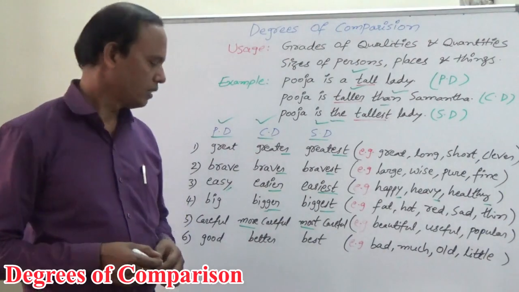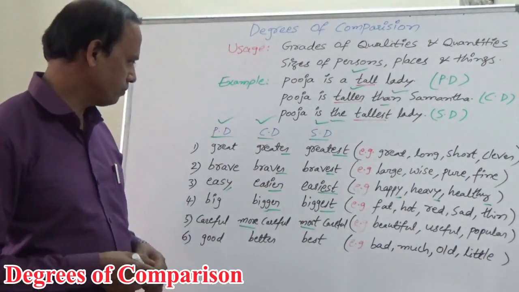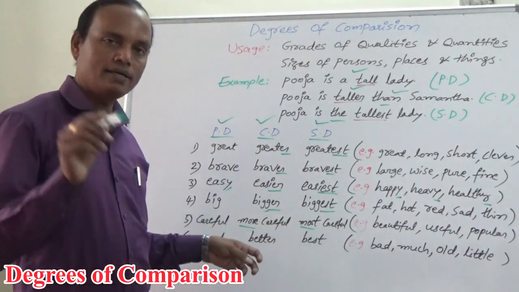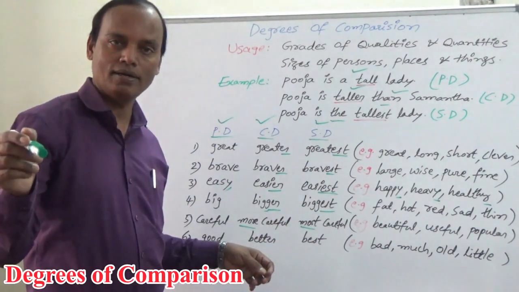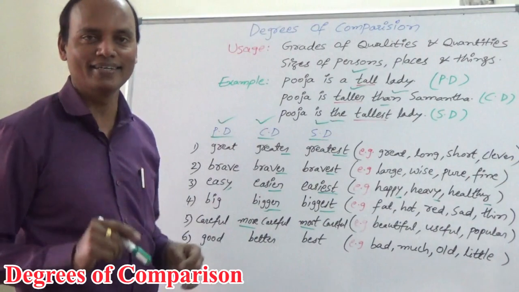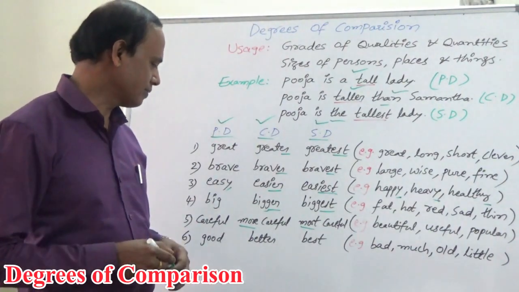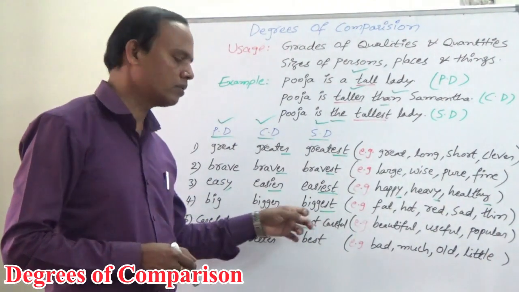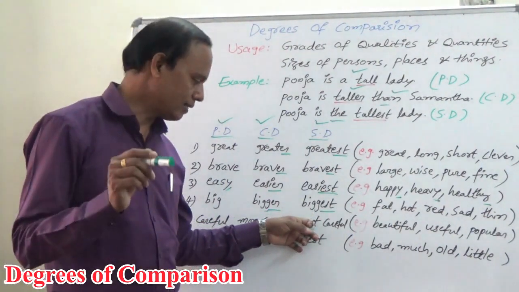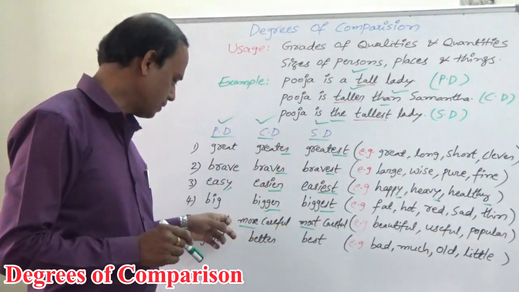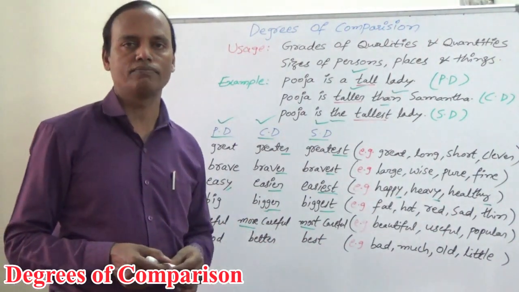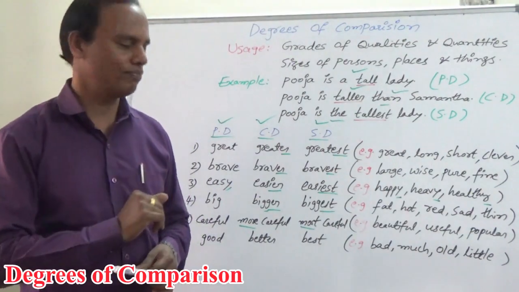Careful. In this formation, you cannot write careful, carefuller, carefulest. Okay? Well, it is absolutely wrong, but in comparative and superlative degree, the words more and most are added, like for example here, careful, more careful, most careful.